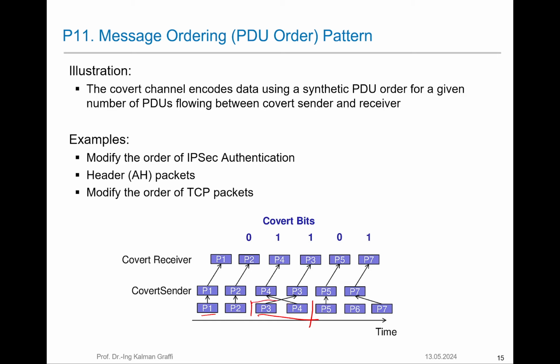Especially if only two packets are exchanged, you can consider two packets as one bit. If you make an exchange, then the bit would be 1. If you don't make the change, then the bit is 0. So depending on whether you switch two packets in a row or not, it reflects whether there's a bit set or not.